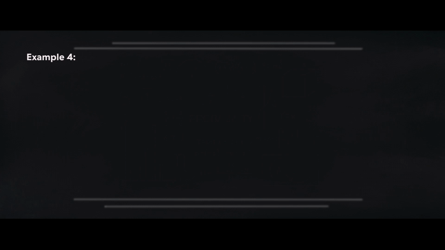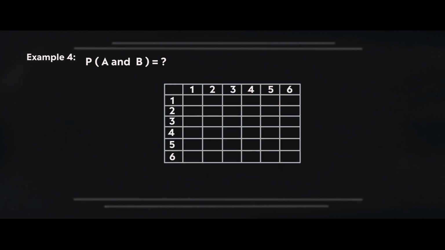The next step is to calculate the probability of event A and B as a combined event. That is, you should look for a favorable outcome where you get 1 in the first roll and a sum of 5 in the second roll. For that too, we need to prepare an outcome chart like before.